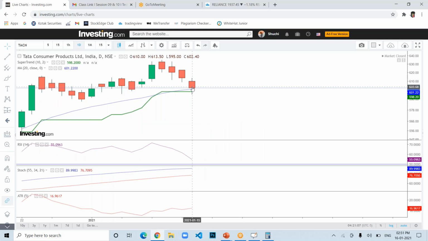So in this particular case, look here, the closing price is say 602. The ATR is 17 rupees. So 17 into 1.1. Wait a minute. 17 into 1.1 is 18.7.